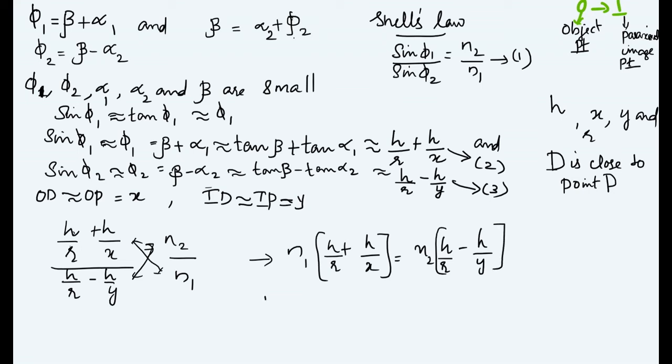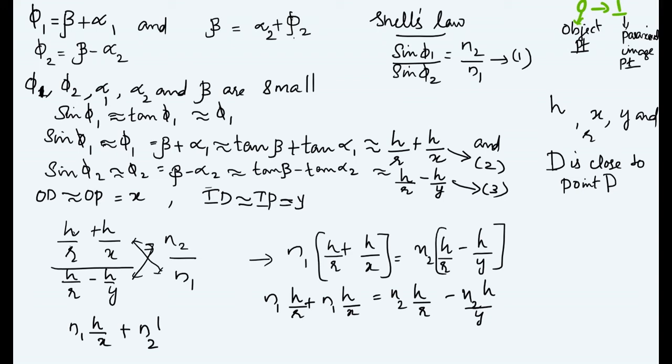That is, n1 h by r plus n1 h by x equals n2 h by r minus n2 h by y. Then on rearranging, we can write n1 h by x plus n2 h by y equals h by r into n2 minus n1.